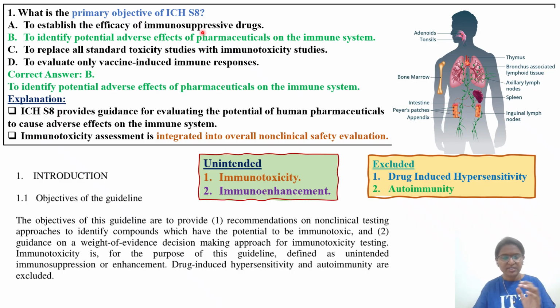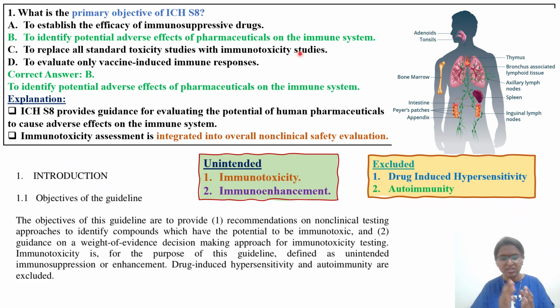The objective of this S8 guideline, the right answer in the green text, is to identify the potential adverse effects of pharmaceuticals on the immune system. For example, you are developing a certain conventional molecule. This ICH S8 guideline is not applicable to biologics. We are talking only about small molecules, that is traditional, conventional molecules.